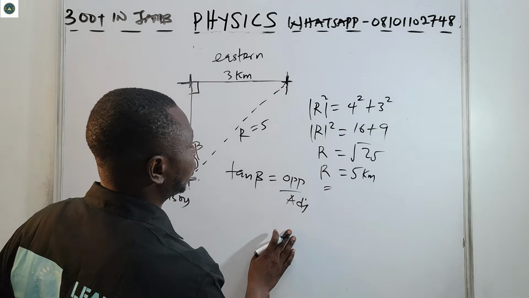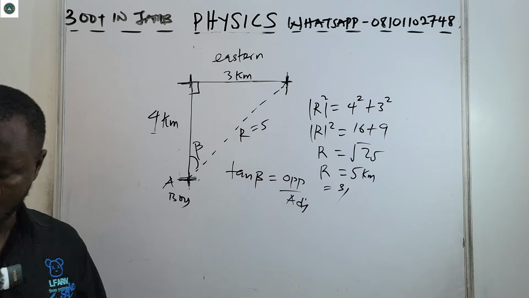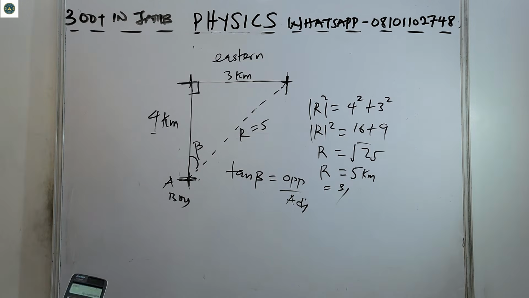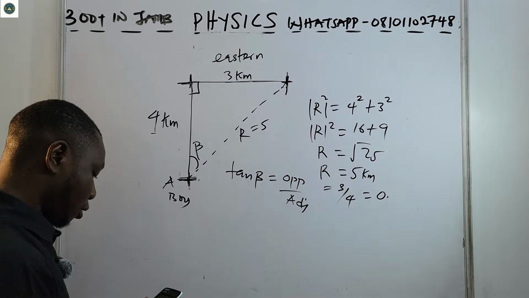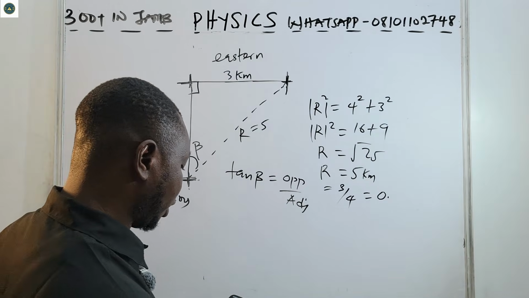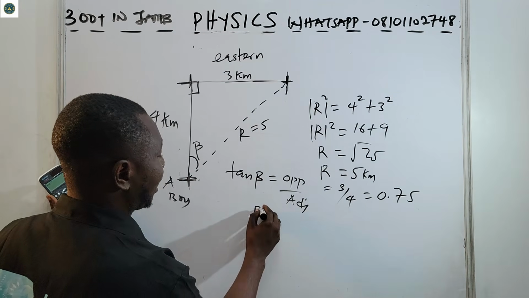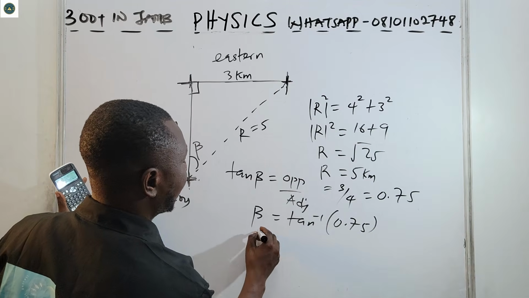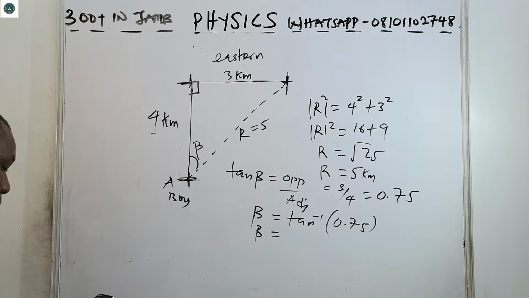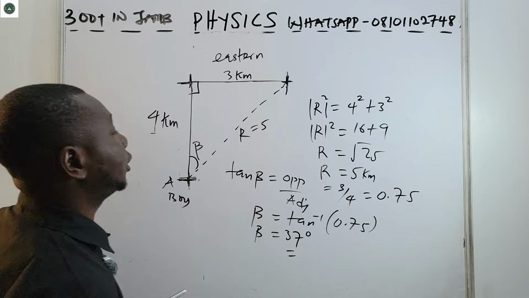So opposite over adjacent. Our opposite is 3 and adjacent is 4. So that will give us 0.75. So beta is tan inverse of 0.75, which gives us 37 degrees.